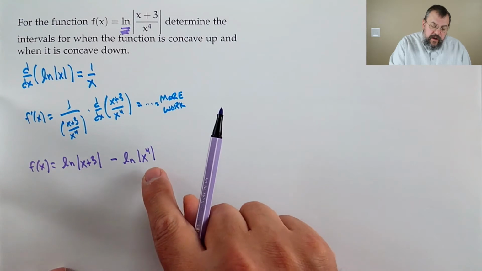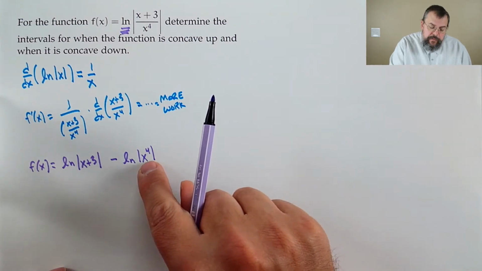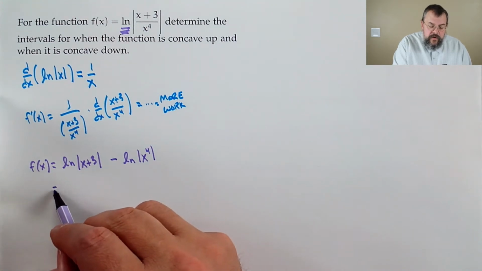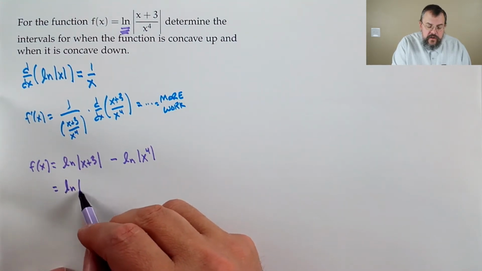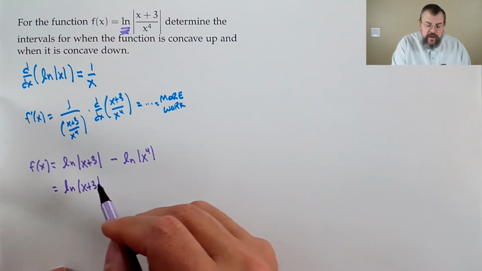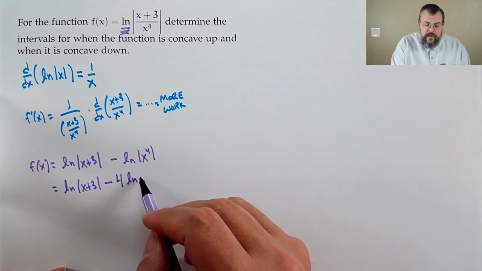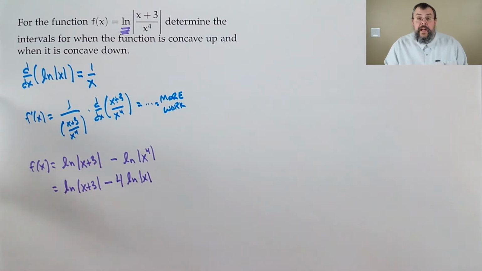And I say, hey, wait a second. Whenever I have a power inside a log, I can bring a constant down. So our function could also be written as log of (x plus 3) minus 4 log of x. And that will be a much simpler derivative.